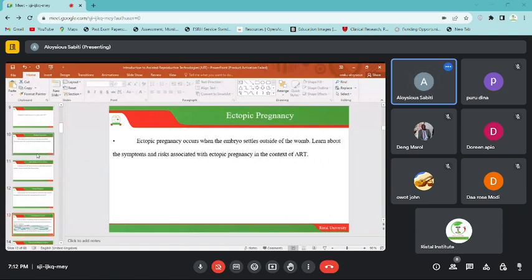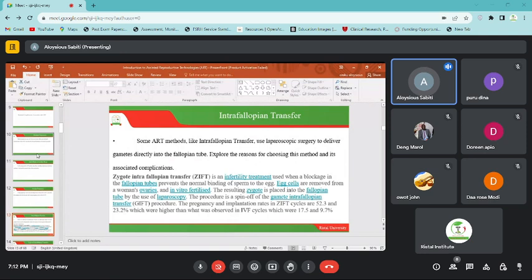Then another method we looked at, remember earlier on we looked at the IVF, then we looked at what we call the intrafallopian transfer. And we said these use what we call laparoscopic surgery to deliver gametes directly into the fallopian tube. And there are two types of this particular ART method.